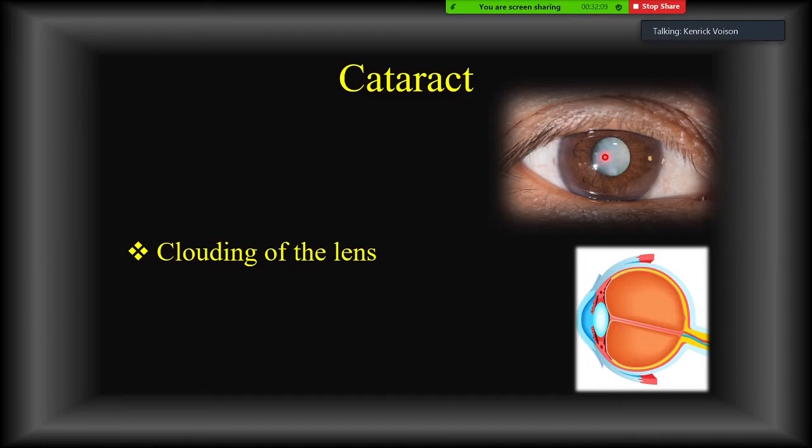However, there are various things that lead to it. If you're more exposed to UV light, if you're a diabetic, etc., they would tend to form the cataract a lot quicker than some other persons. Persons who are on medications such as steroids, that can lead to cataract formation.